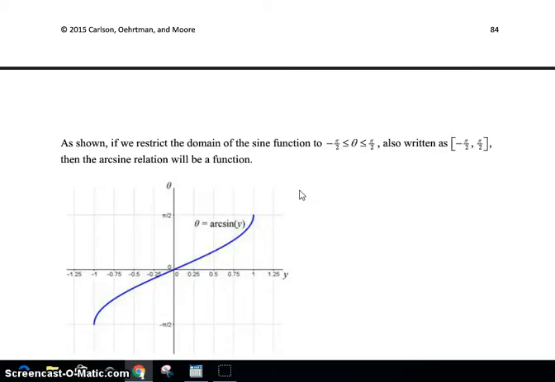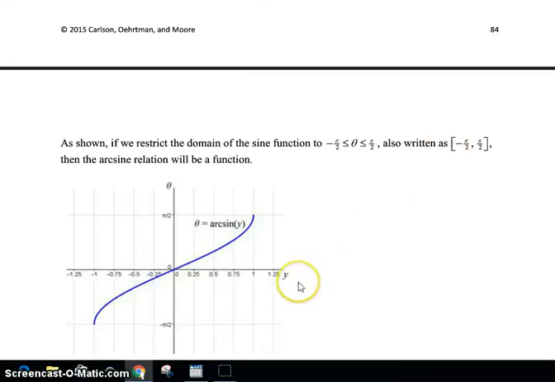will use. Okay, so now while we're on this page, you can connect page 85, this idea of restricting the domain of sine to the interval negative pi over 2 to positive pi over 2 inclusive. And that's what I showed you on that last video for sine.